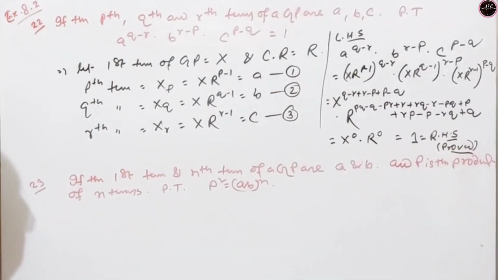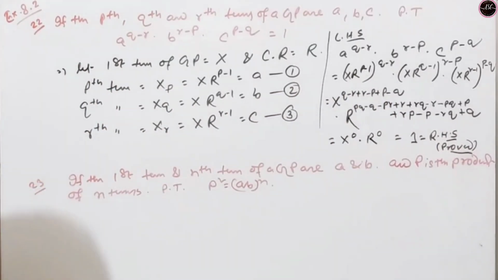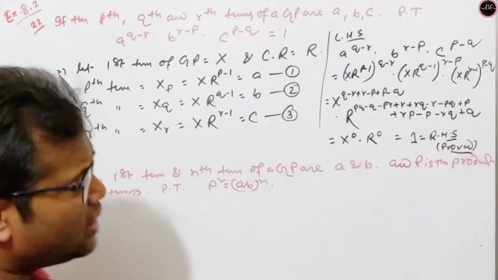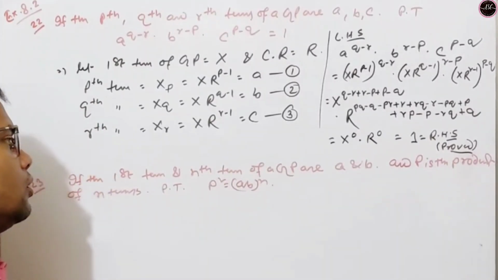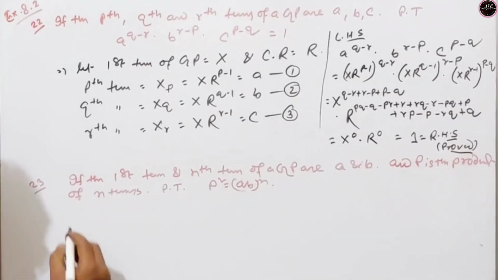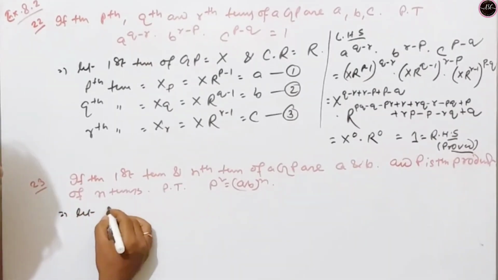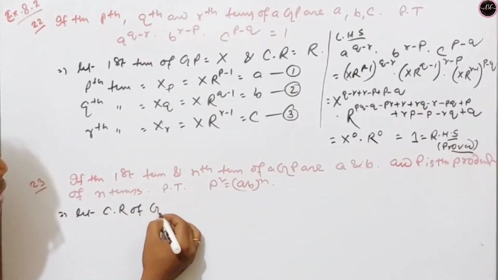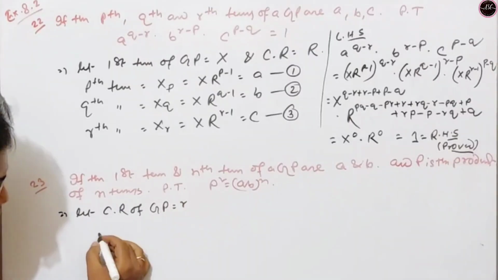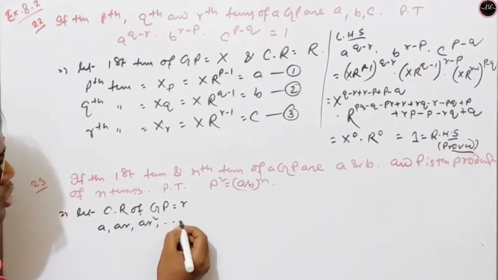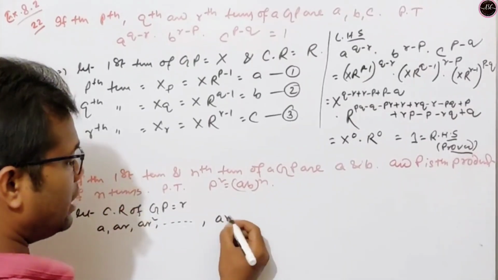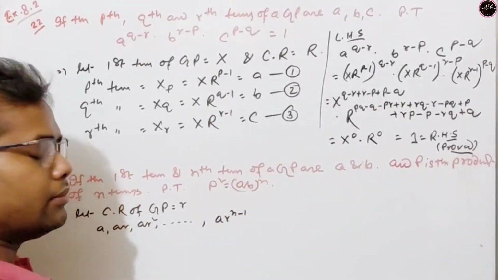Now look at this question. If the first term and the nth term of a GP are A and B, and P is the product of the n terms, prove the result. Let the common ratio of the GP be R. So the terms are A, AR, AR square, up to AR to the power n minus 1.